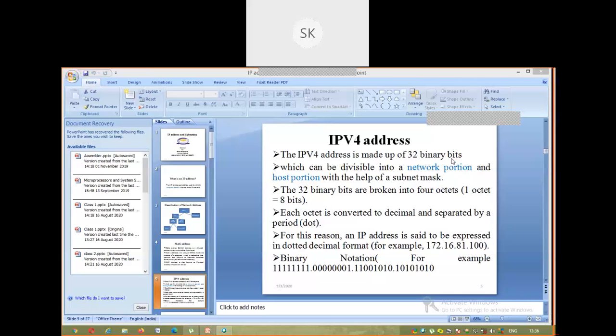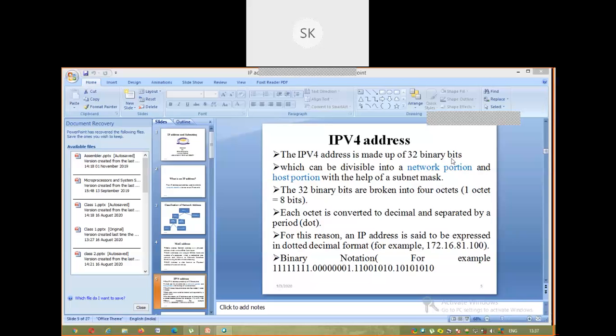So a subnet mask is a number. From that number, we can identify which portion of an IP address is the network portion, and which portion is the host portion.